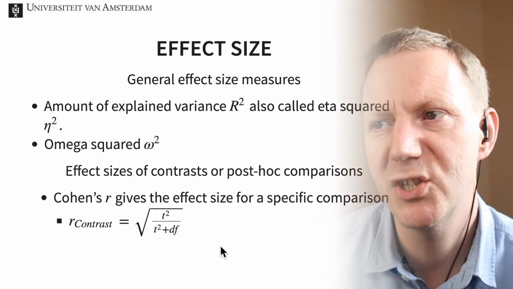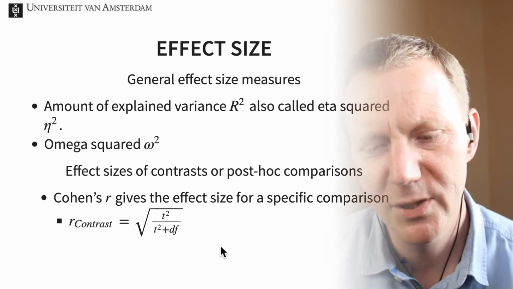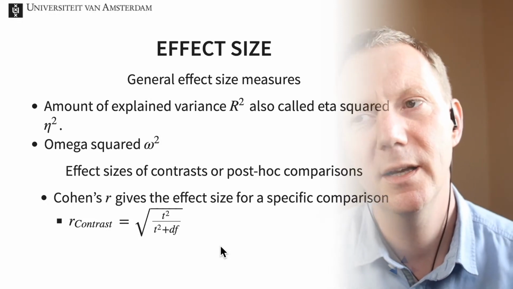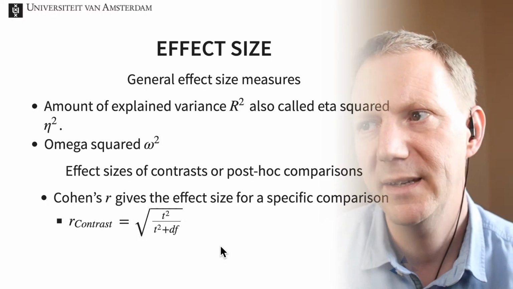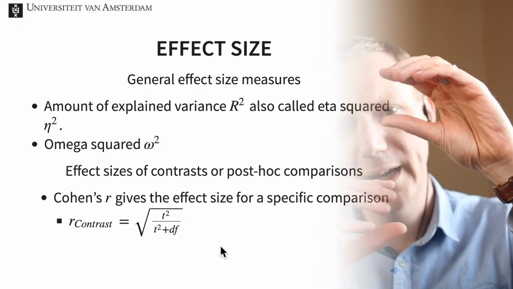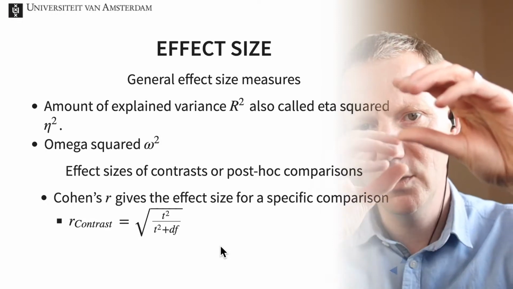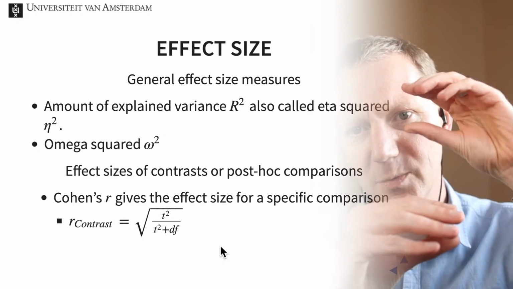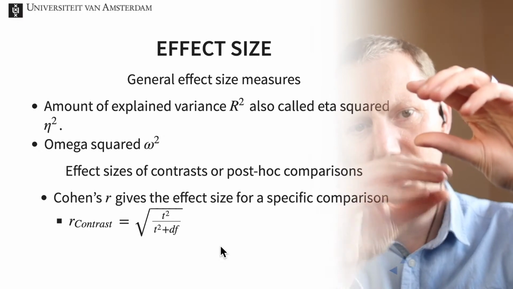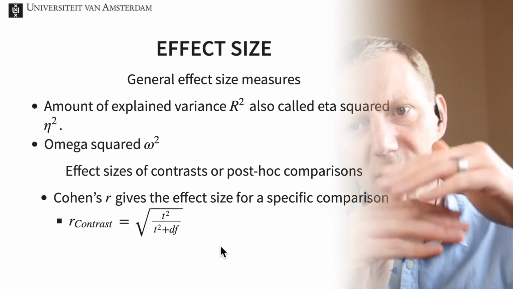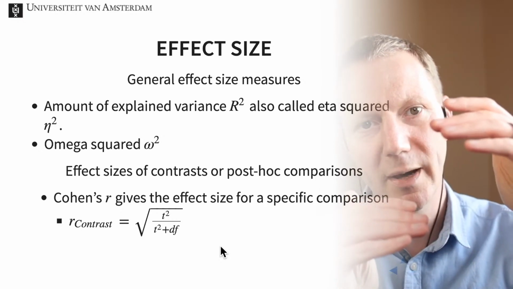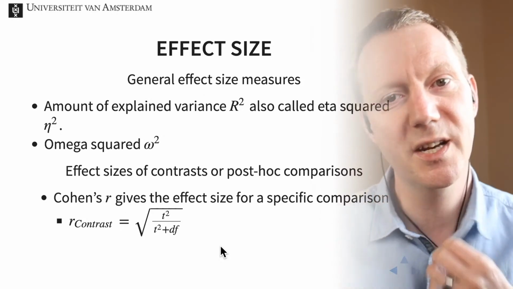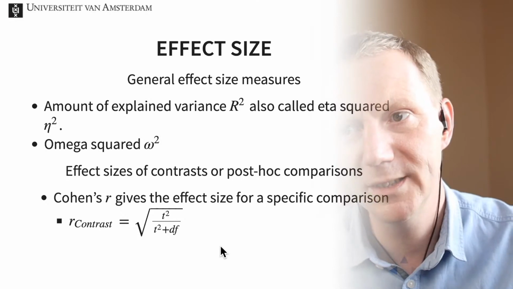For example, an R-square result tells you how much variance is explained by the model. Instead of looking at the ratio of explained to unexplained variance, it looks at the ratio of explained variance to total variance. So it's just a percentage between 0 and 100%. So that's R squared. And of course, the more variance is explained, the better your model is.